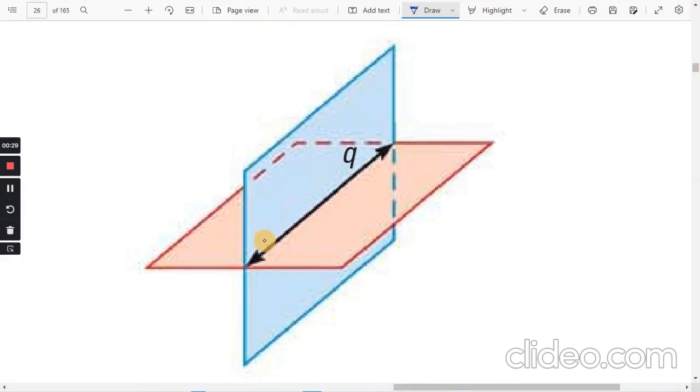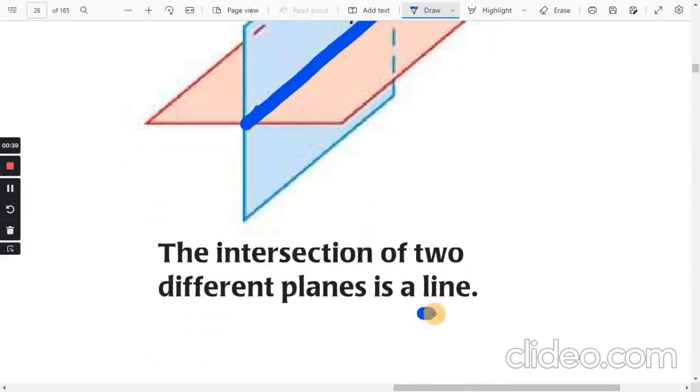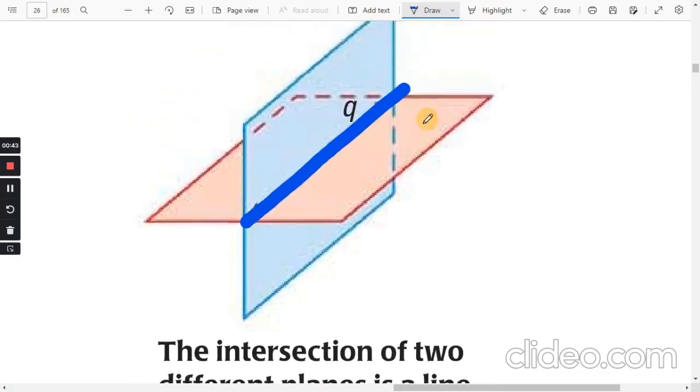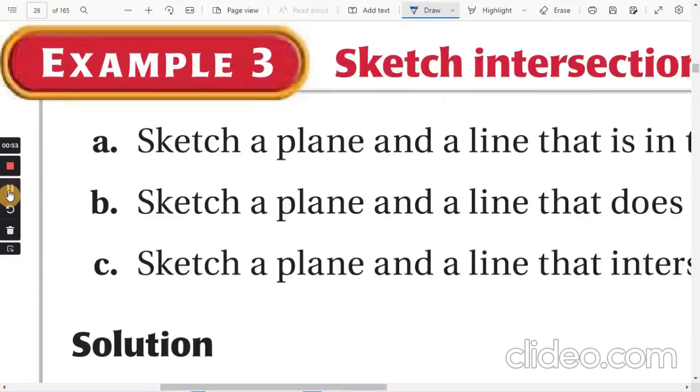They crisscross or meet right here at line Q. Okay, so when the planes intersect, they always intersect at a line, never just a point, because the plane extends forever. So two planes have to intersect at a line, not a point.